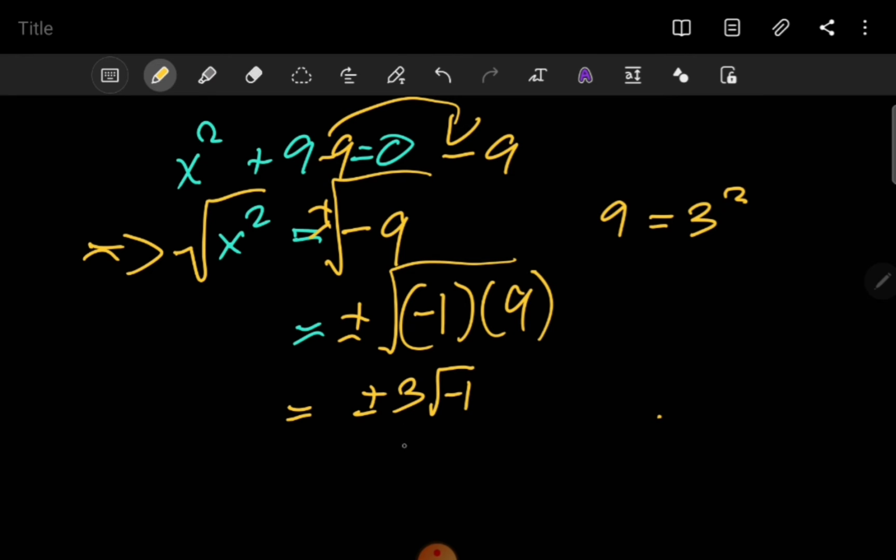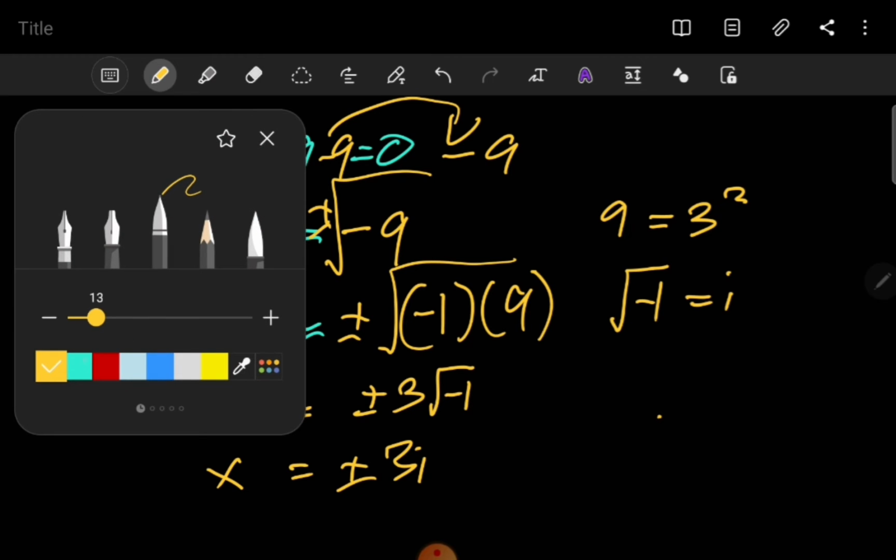Now we know that there is already a square root of -1, and we know that the square root of -1 is equal to i. So therefore the expression is just equivalent to positive or negative 3i. So therefore this is our answer.